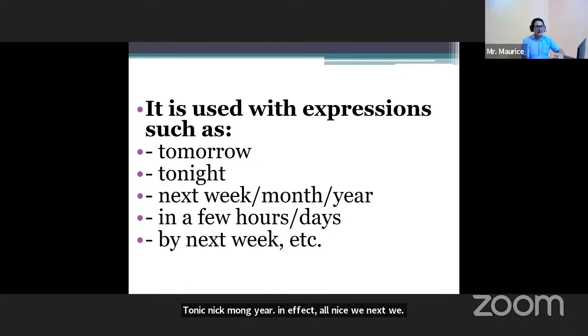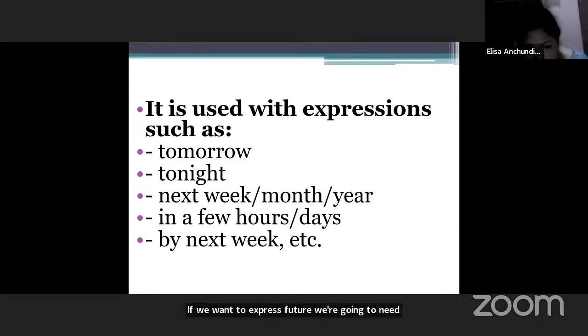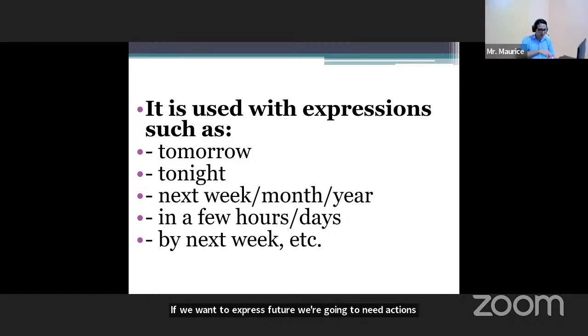Yeah, no problem. So it's quite important, please. It's very important to understand. If we want to express future, we're going to need actions. And an action is a verb. Recordemos que acción es un verbo, okay? This verb might be present, past, or past participle. And then we need a time expression. For future, these are the time expressions. Tomorrow, mañana.